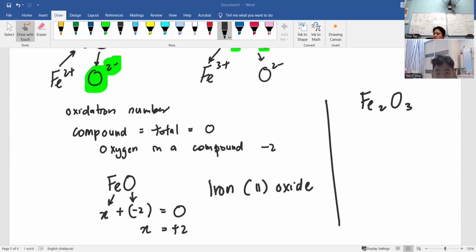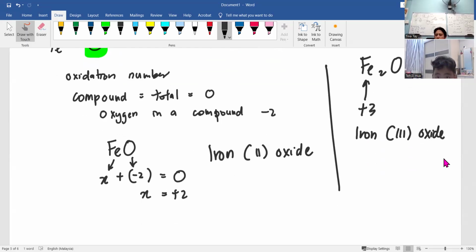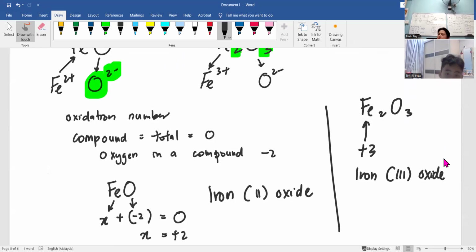Iron 3 oxide. Yes, correct. So what's the oxidation number? Positive 3, +3. Do you understand?